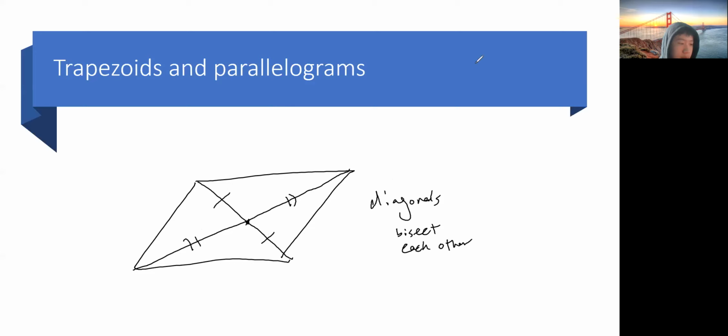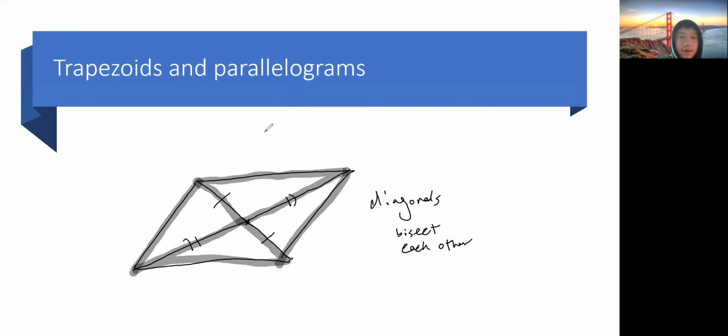Okay. Now when we have the diagonals, we can draw in, we have 4 triangles, okay? And all 4 of these triangles have equal area. Which means that each triangle is 1/4 the area of the original parallelogram.